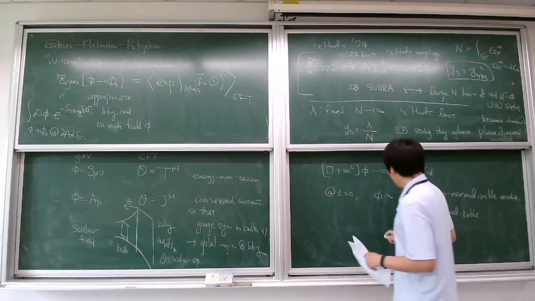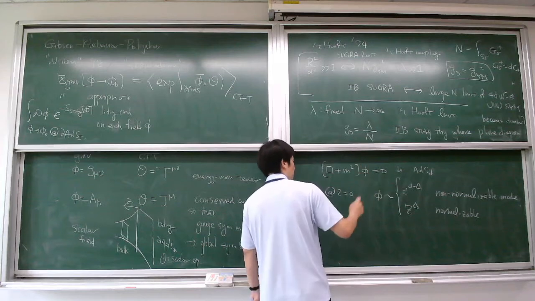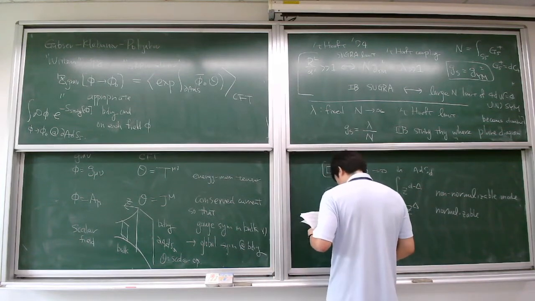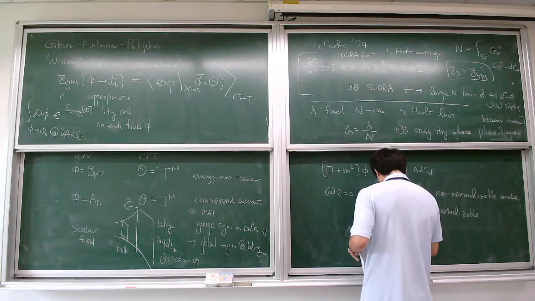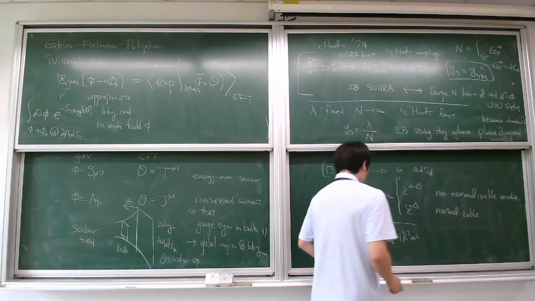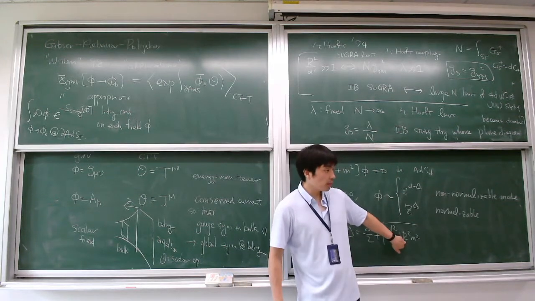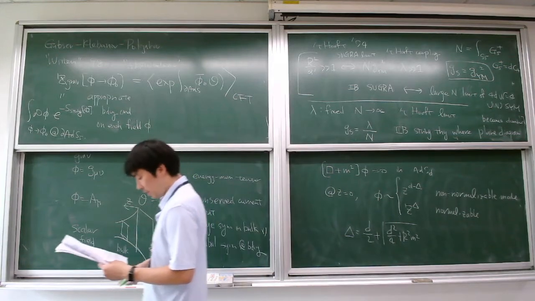Delta describes the asymptotic behavior at the boundary. Delta is indeed d over 2 plus the square root of d squared over 4 plus R squared m squared. Of course, d is the dimension of the AdS space, R is the radius of AdS, and m is the mass of the scalar particle in the bulk.